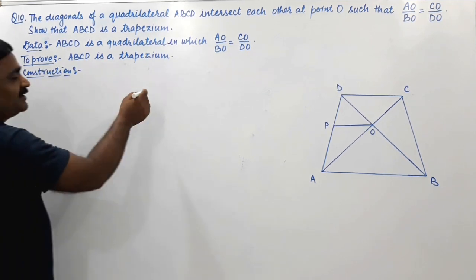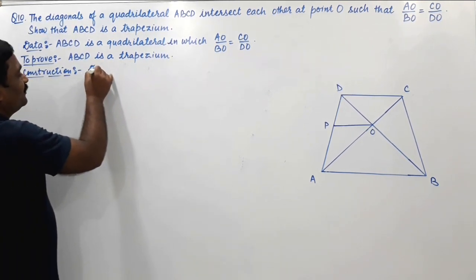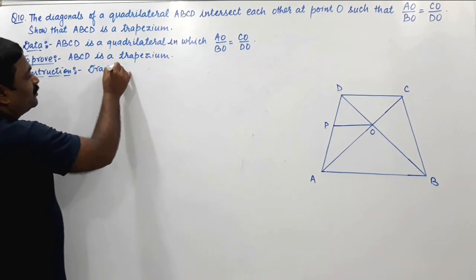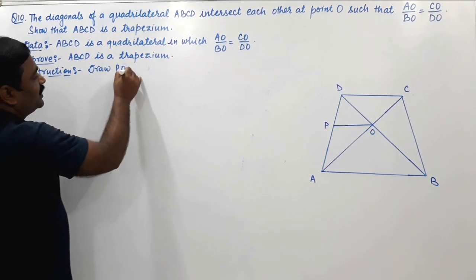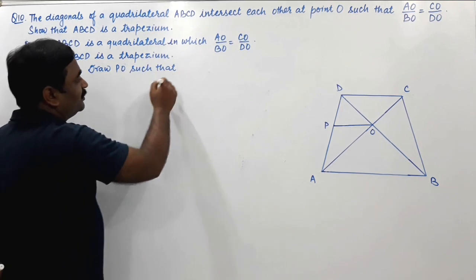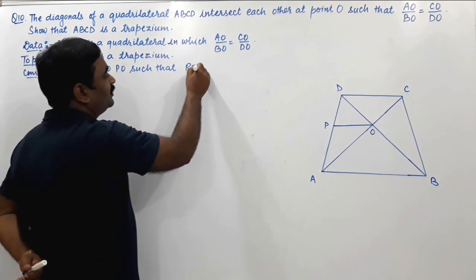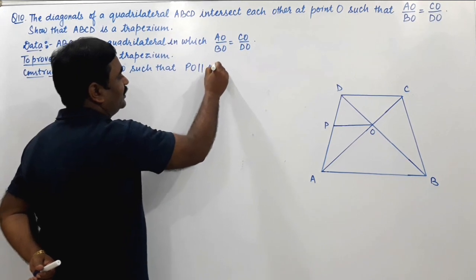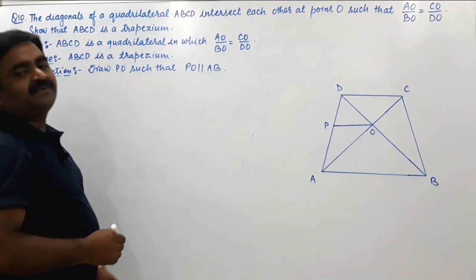What we have constructed? Draw PO such that PO is parallel to AB. This type of construction we have done.